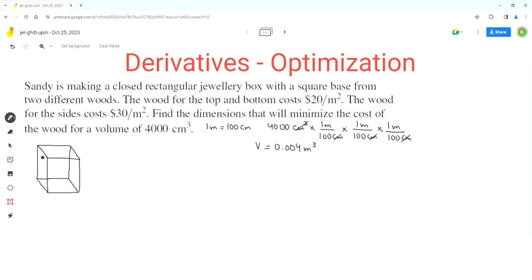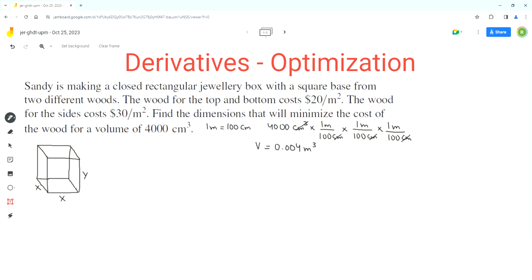The base is a square, so all dimensions of the base will be the same. Let's assume the base is x units long on all sides, and let's assume the height of the jewelry box is y.